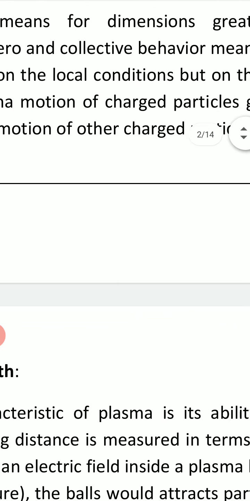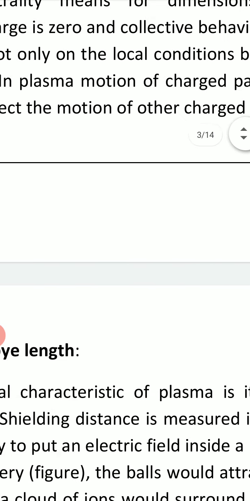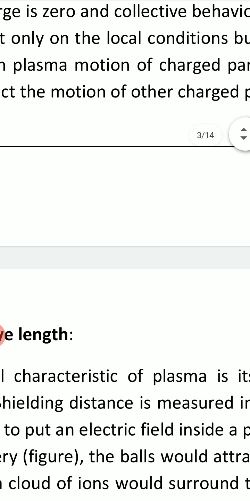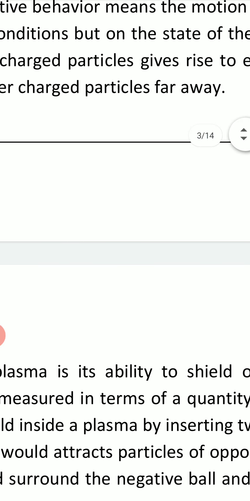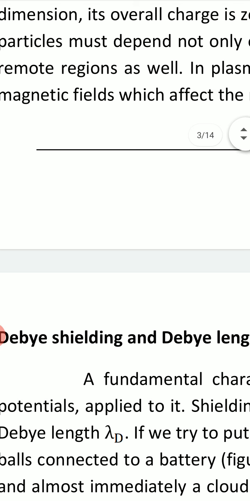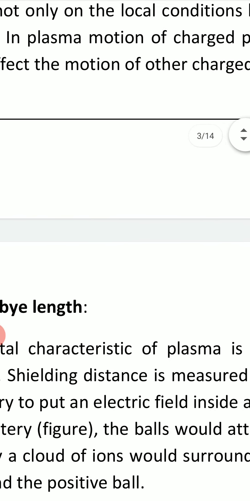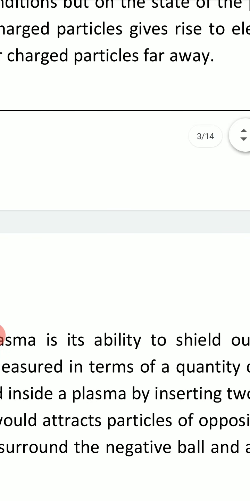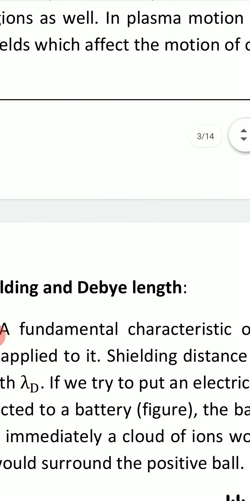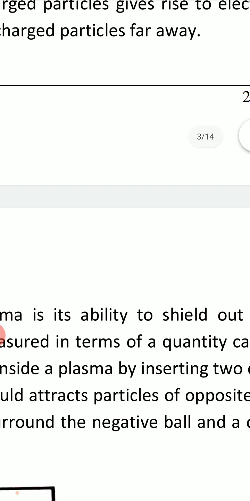And by collective behavior, it means that the motion of charged particles must depend not only on the local conditions but also on the state of the plasma in the remote regions as well. In plasma, motion of charged particles gives rise to electric and magnetic fields which affect the motion of other charged particles far away.